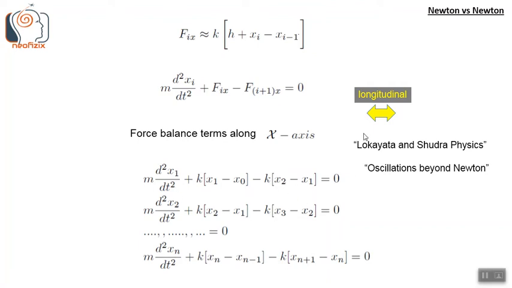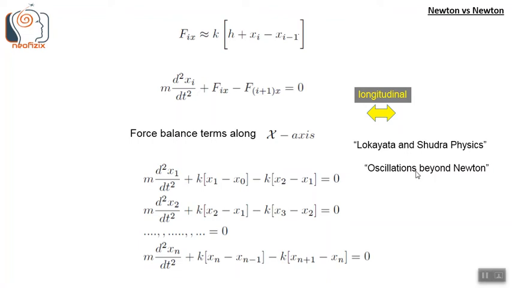The longitudinal normal modes do not need the background tension in the spring for their existence. We can as well consider a relaxed spring mass system to analyze this first order approximated longitudinal vibration. Actually, we have discussed the very same equations for the longitudinal waves on a relaxed spring mass system in a fair bit of detail in the previous video titled Lokayata and Shudra Physics.